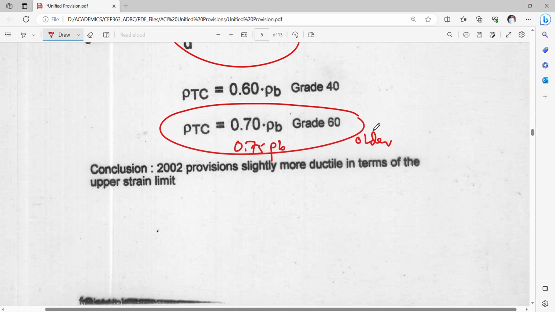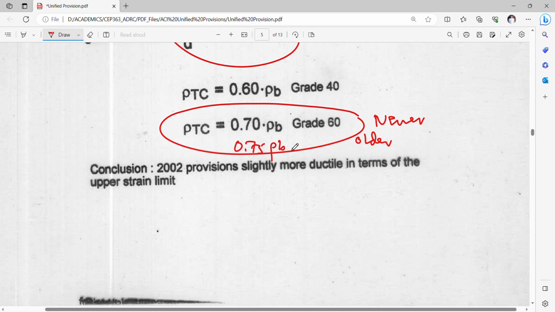Okay, so for the newer code, it's a little bit lower because of some rounding off of numbers, but this actually shows us that there has been no drastic change, but rather a more flexible way of achieving ductility was just given because of the range at which your compression member and your flexural member is treated.